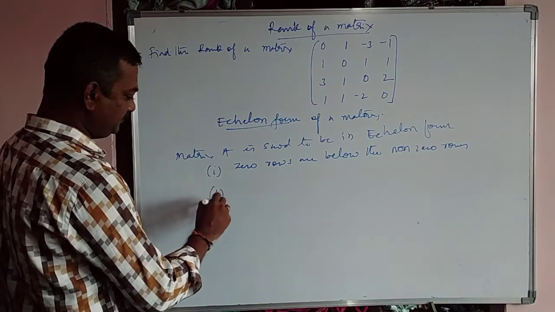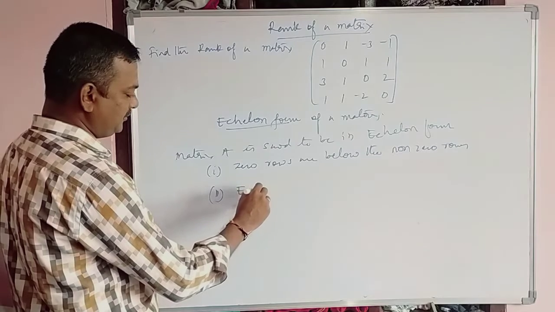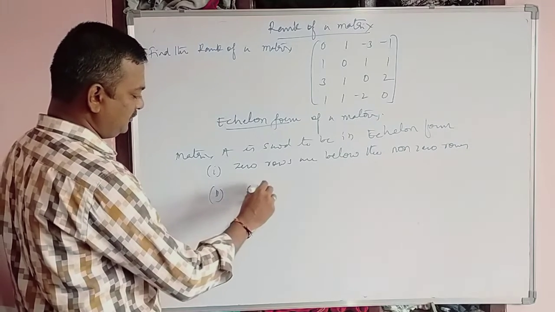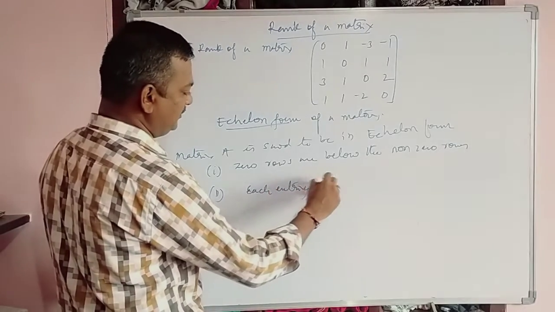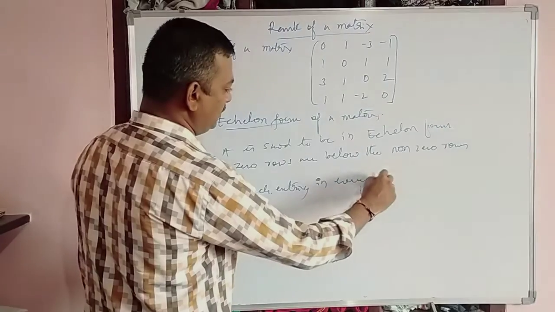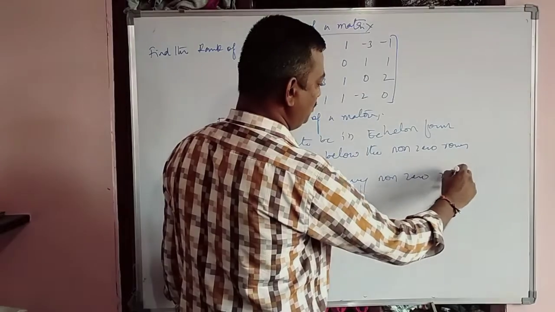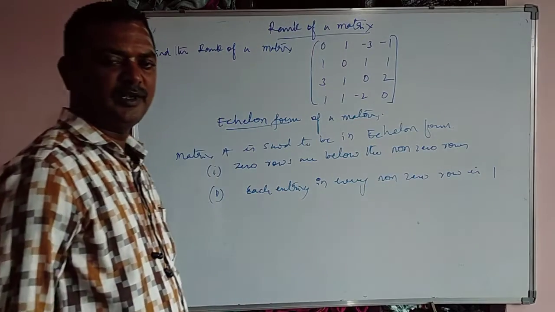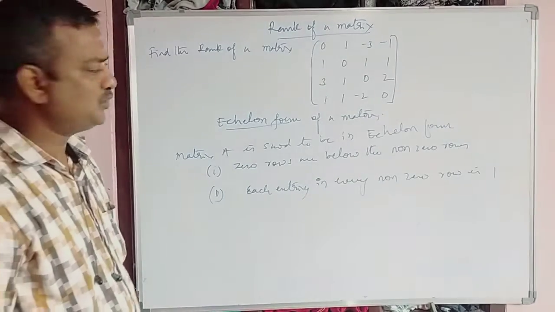Second one, the leading entry in every non-zero row is 1.